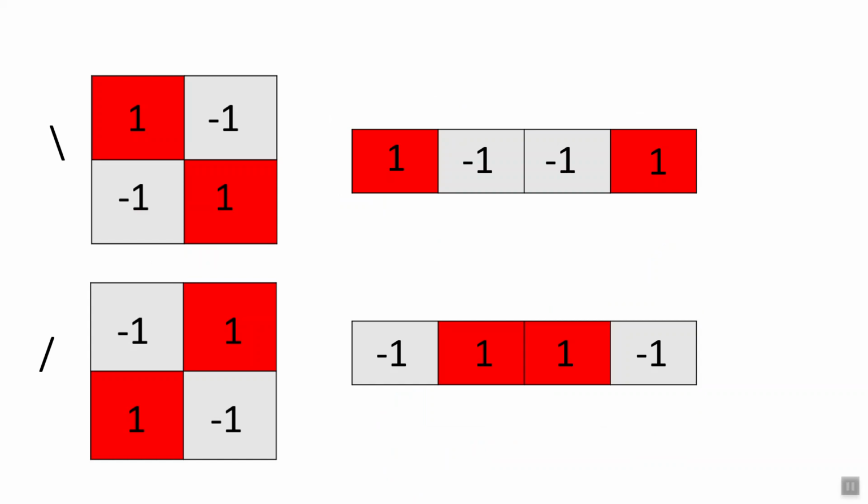Let's think for a minute: what is the simplest operation we can do on these numbers? A very simple one is to just add these numbers: 1 plus -1 plus -1 plus 1 gives the value 0.